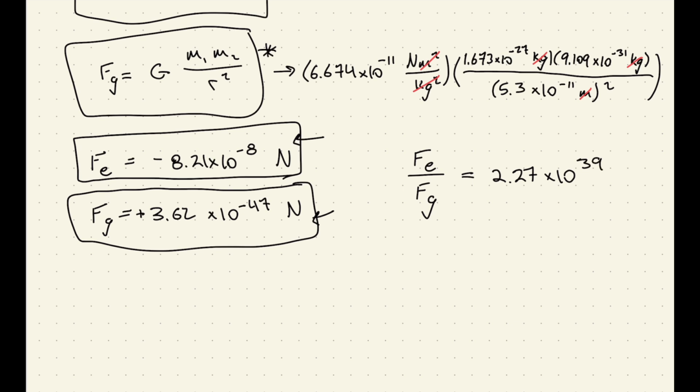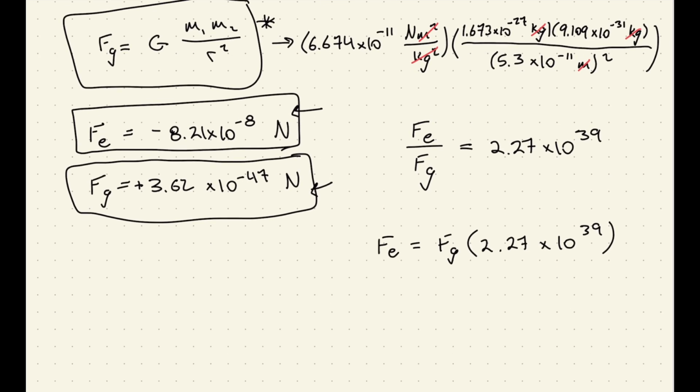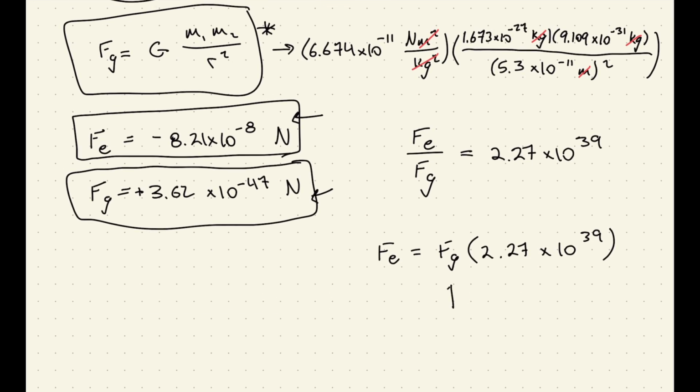That's crazy. So let's say we want to multiply FE, or both sides by FG. We get FG times this 2.27 times 10 to the 39. What this is telling you is that the gravitational force has to be multiplied by this ginormous number in order to equate to the electric force.